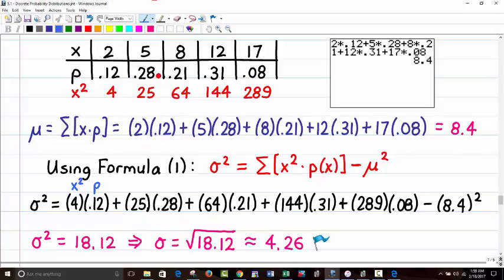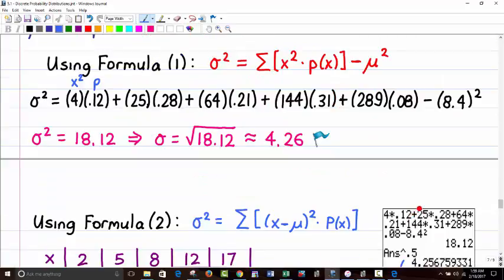So you just have the same numbers I just said all right here, but you got to be careful because you might think if you just go x squared p, and add those up, you might think, hooray, I'm done. That's it. That's not it. One little piece you got to do here at the end. You have to subtract the square of the mean that we got right here, the 8.4. So you do the x squared p, add that up.